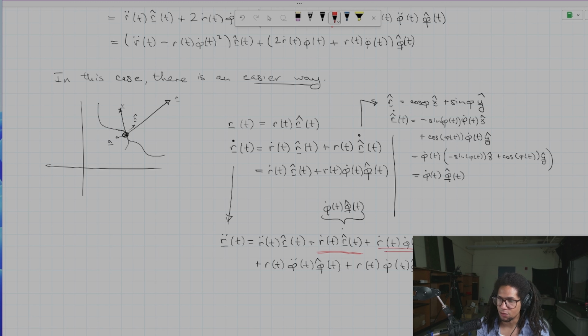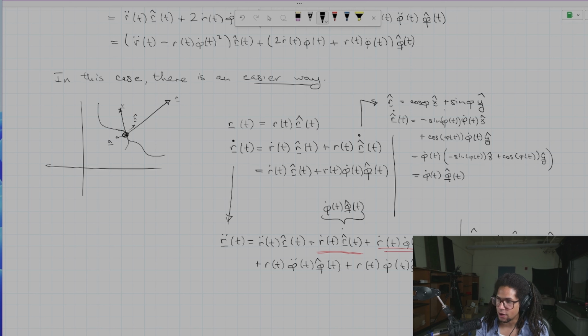The last thing that we need to do is figure out what phi hat dot of t is. And we'll do that the exact same way. Recall that phi hat is equal to minus sine phi x hat plus cos phi y hat.